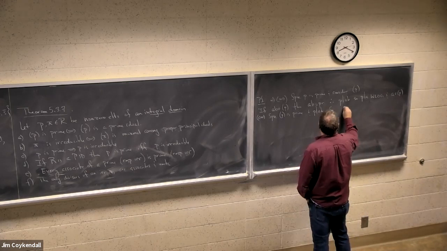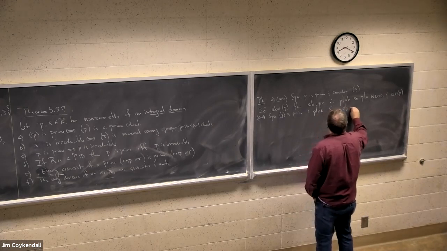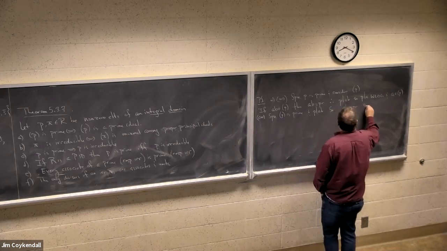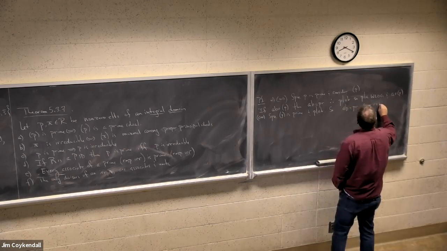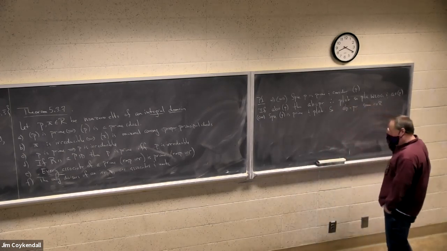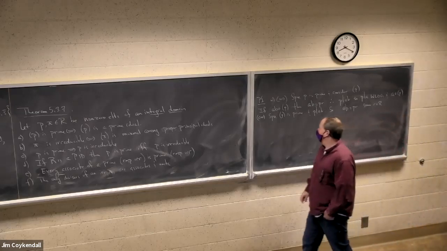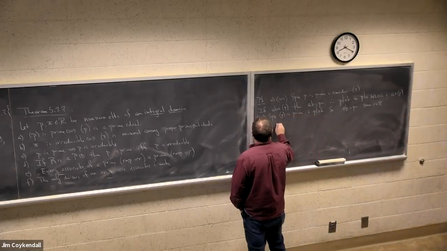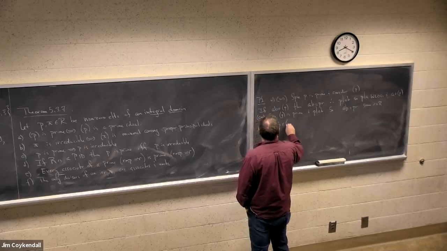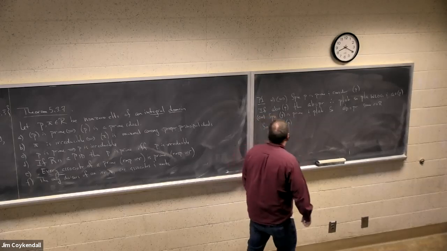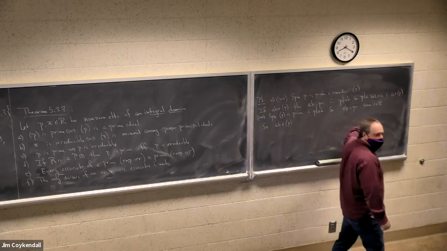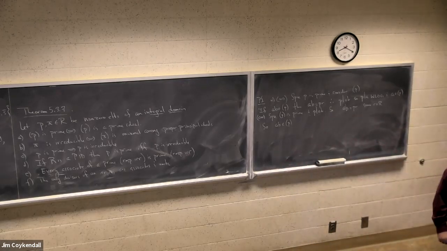So, AB equals PR for some R, which of course means AB is in the ideal generated by P. Because the product AB is a multiple of P, so it's in the ideal generated by P. So P is the prime ideal.